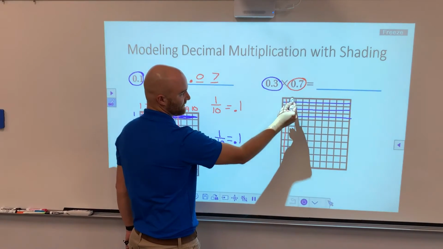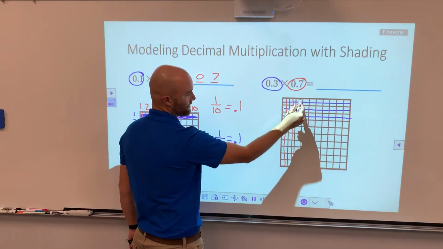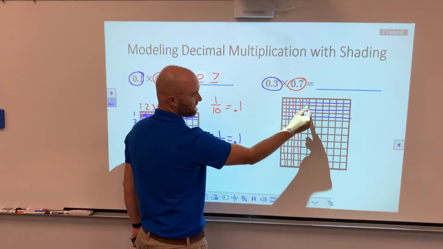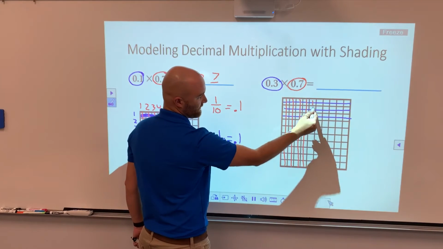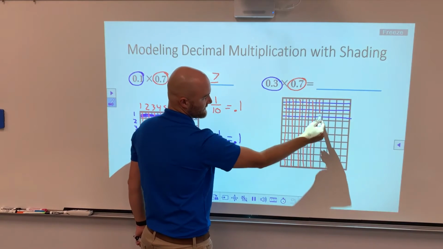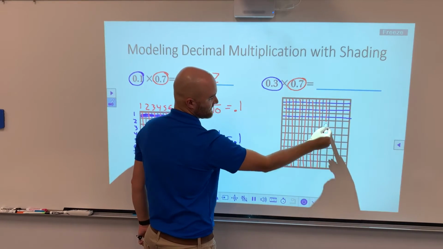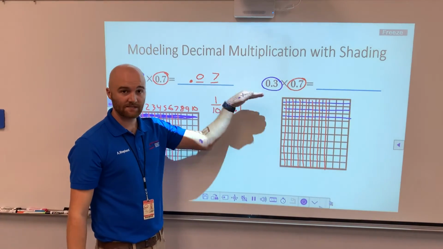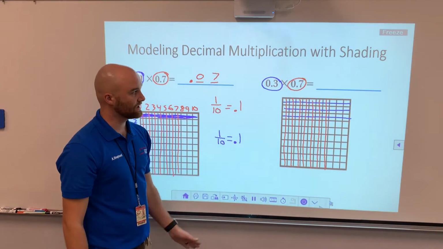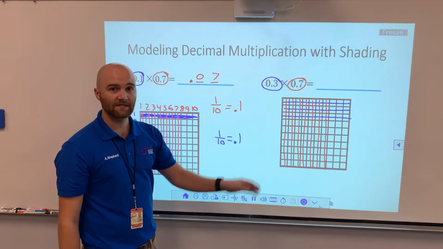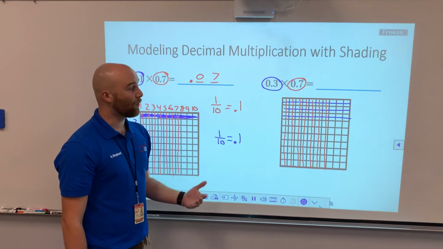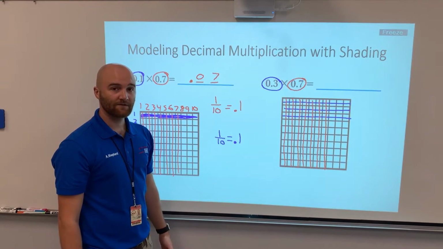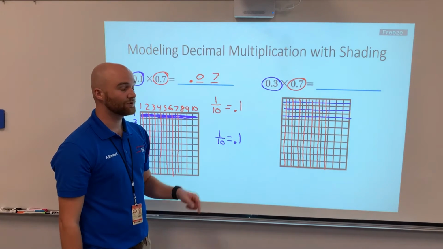1, 2, 3, 4, 5, 6, 7. Now I've marked 3/10 going side to side in my rows, and I've marked 7/10 going up and down in my columns. In order to figure out my answer, all I have to do is count up the ones that are double shaded.